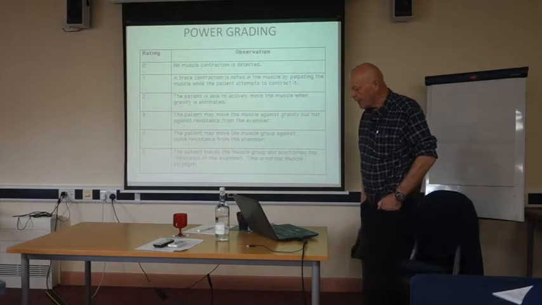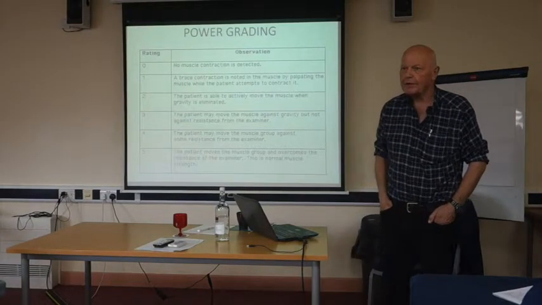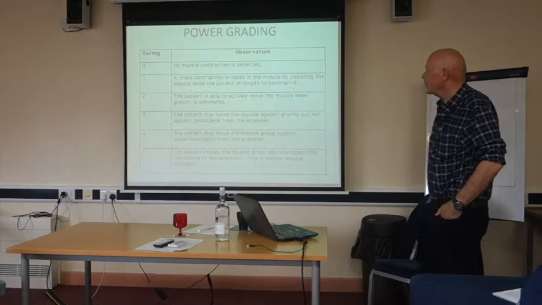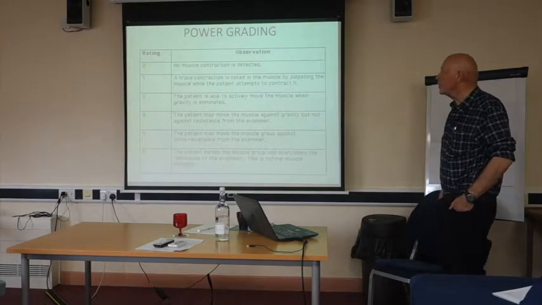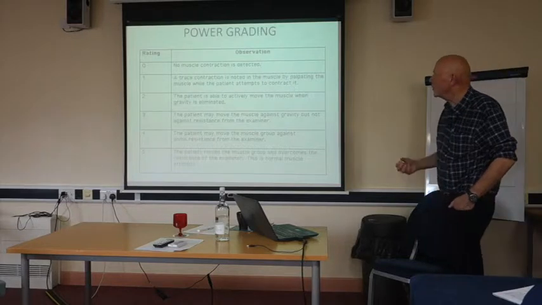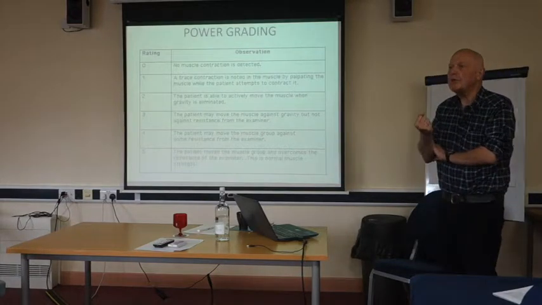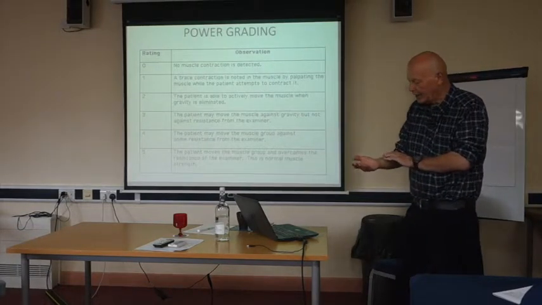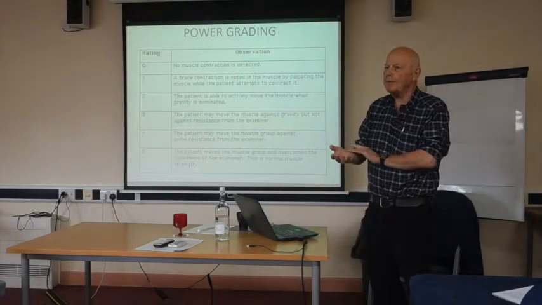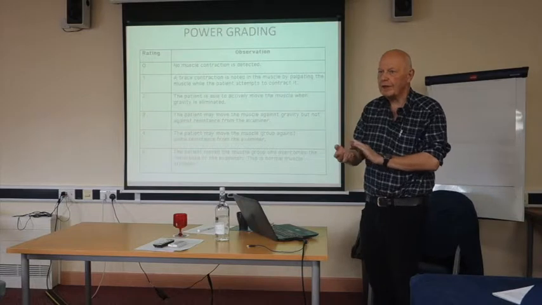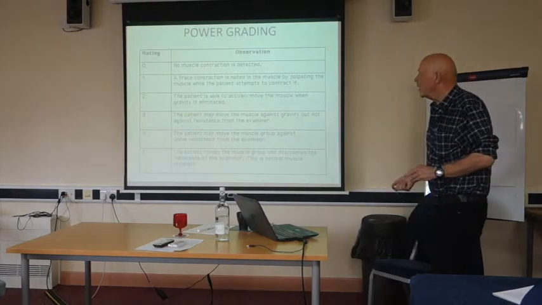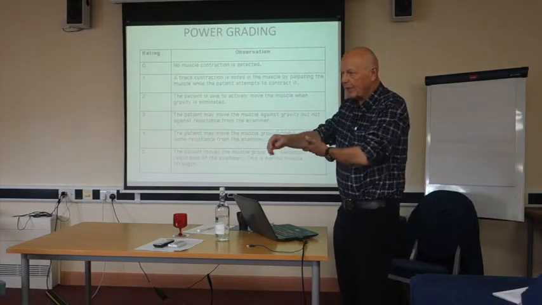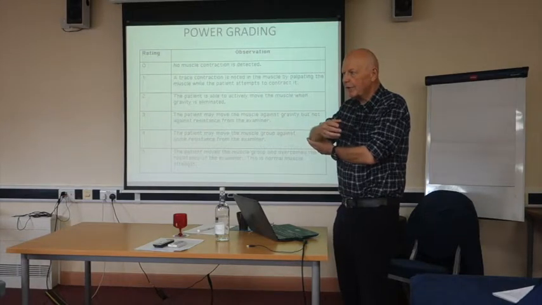There is this power grading. Most people these days just seem to say whether it's there or not, or whether it's weak or whatever. But there is a standard grading system that you may want to use. So 0 is where you can't detect any kind of muscle contraction at all from the patient. 1 is if you get them to contract a muscle, you can feel it trying to go if you palpate the muscle, but you can't really get much movement out of it. 2 is they can't move against gravity, but they could move if you take gravity off.